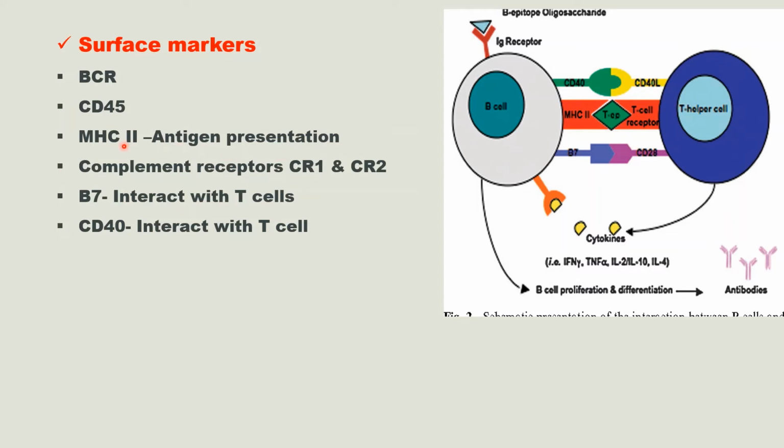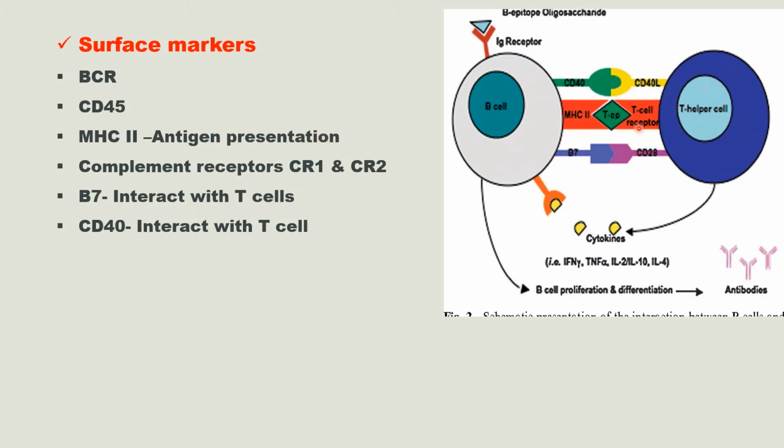Here you can see MHC2. So on the surface of the B cell, MHC2 is present. That you have to remember. That is very important. That is helping for antigen presentation. That will present antigen to the T cell. Okay.